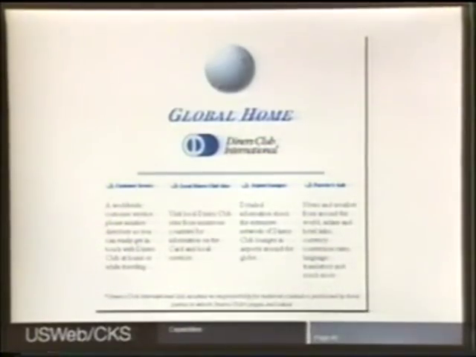In the customer relationship practice area, again, there are many projects. One that I think is illustrative of our value proposition here was the Diners Club International extranet.